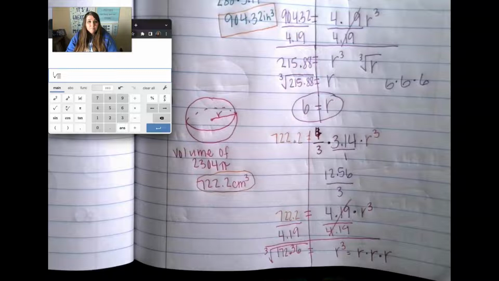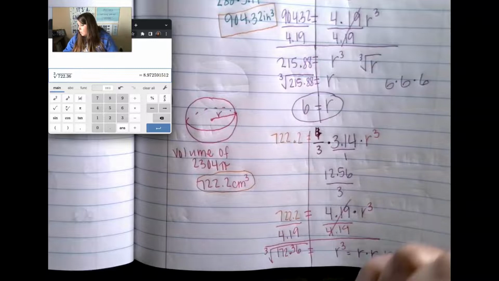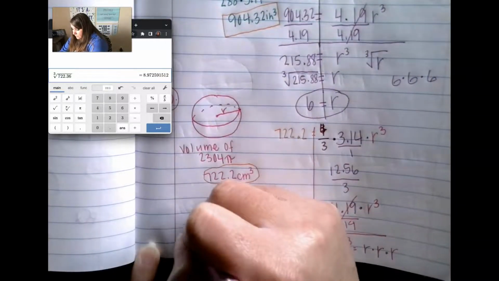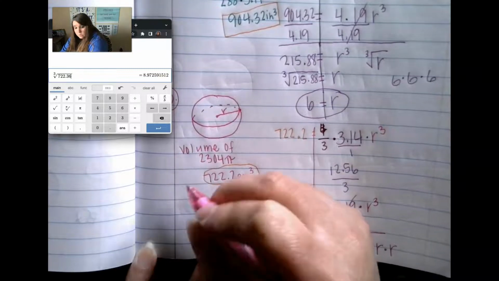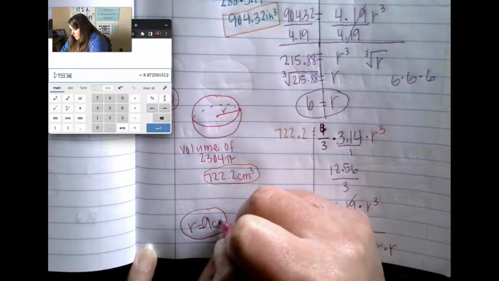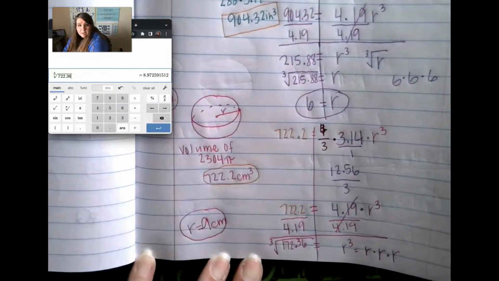Cube root, put the 3, now I'm ready. 172.36, and that gives us 8.97, or we could round and just say that 1r is equal to 9. And these are centimeters. 9 centimeters.